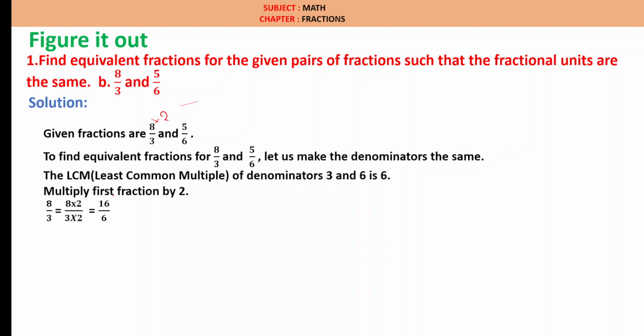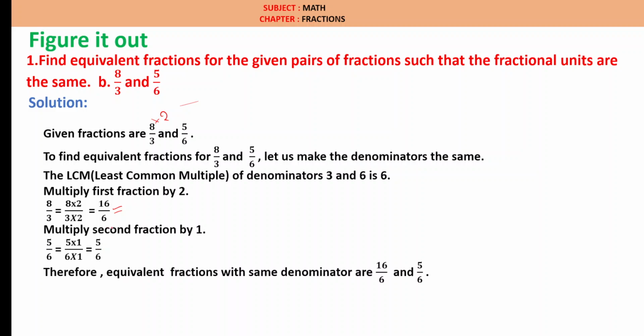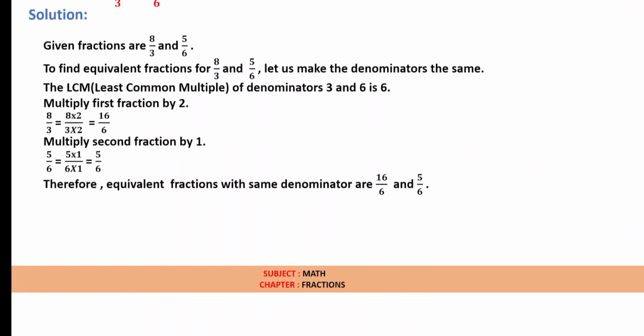Then 8 by 3 is 8 into 2 divided by 3 into 2, nothing but 16 by 6. Similarly, let us multiply the second fraction by 1. So, 5 by 6 is equal to 5 by 6. The equivalent fractions with the same denominator are 16 by 6 and 5 by 6.